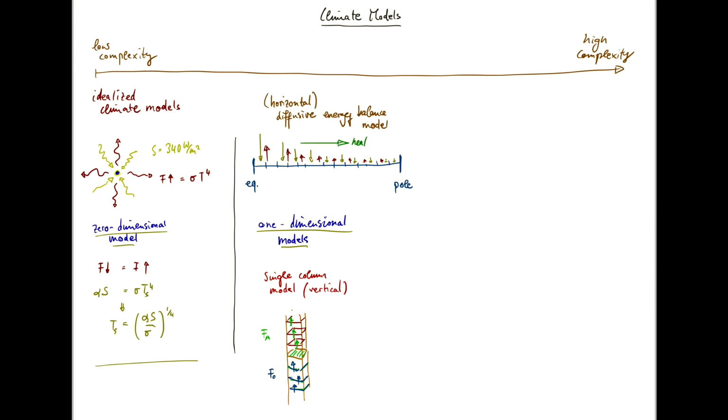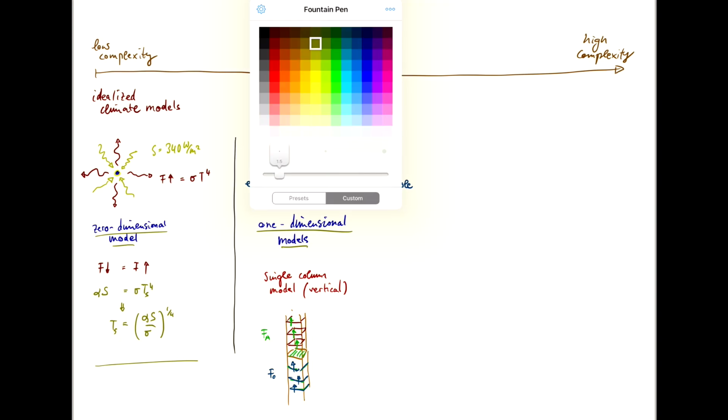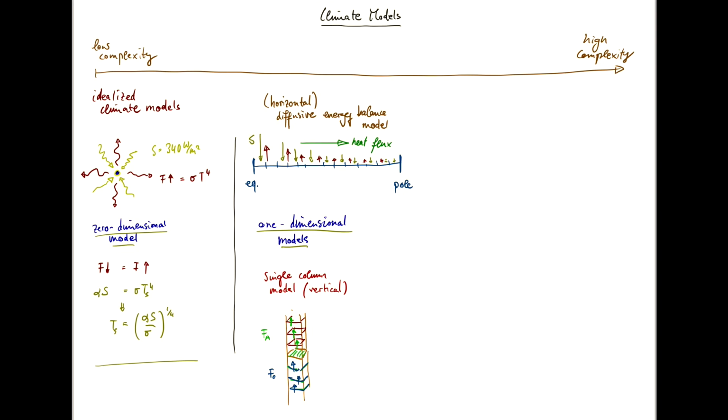So you would have horizontal heat flux, whereas the yellow is incoming solar radiation and the red is outgoing long-wave radiation, OLR. So that's a type of one-dimensional model that is essentially the next level of complexity from our zero-dimensional model. You basically do more or less the same calculation as you did before, but now you account for the fact that the Earth has horizontal structure.